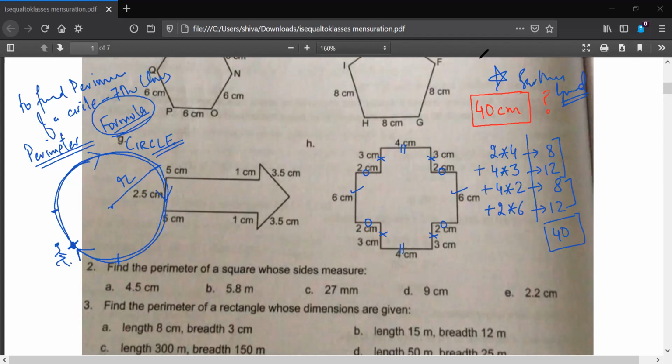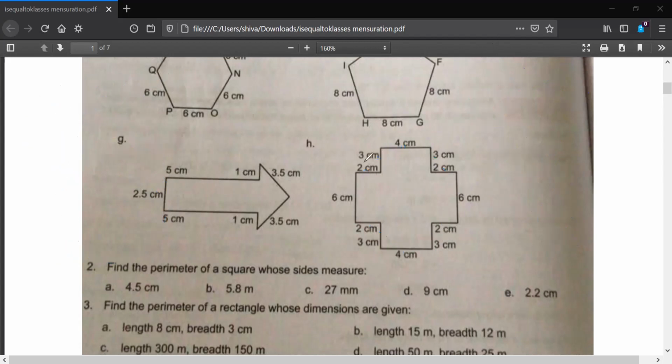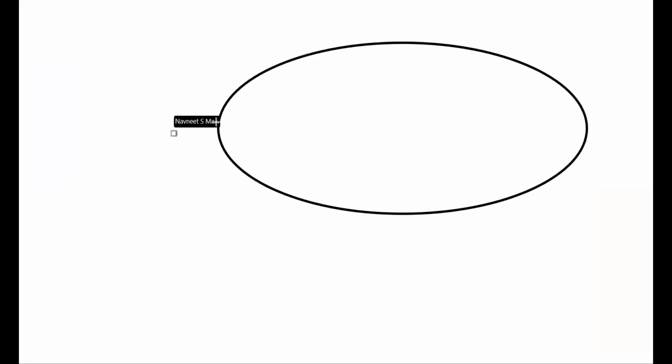But all that I wanted to share with you is that I can have any figure. I can have a figure like this also. Let us say that I am standing here.